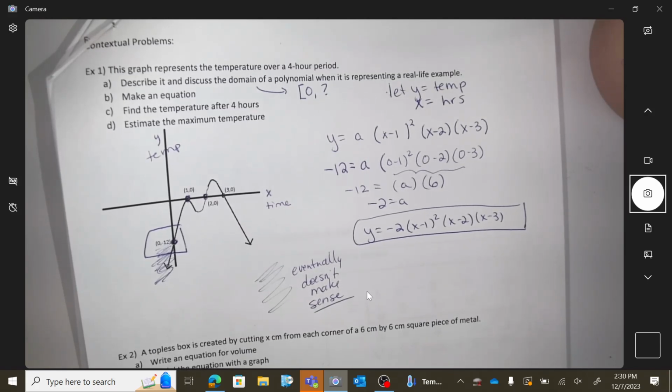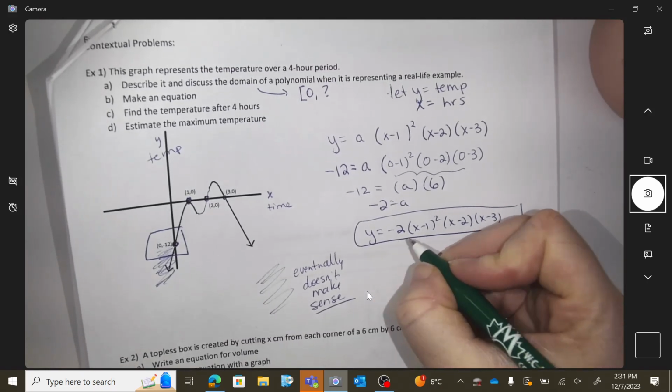The method that I'm looking for starts with a P, the letter P. What do you do with 4? If you're thinking, what's the temperature at 4 hours? What are you going to do? Plug it in. Put the 4 into the X. Make X 4.